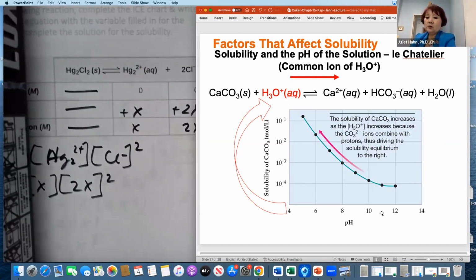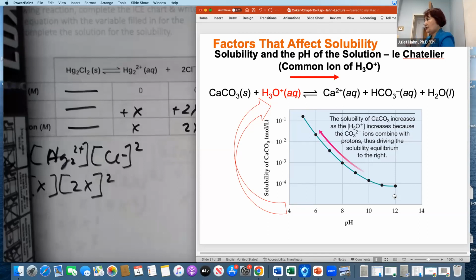So it has a higher concentration of H3O plus when it has a lower value of pH. So this side is where you have more H3O plus, and this side is where you have less H3O plus. And you can see that a higher concentration of H3O plus drives the reaction this way. The solubility is a lot higher than at lower concentration of H3O plus.